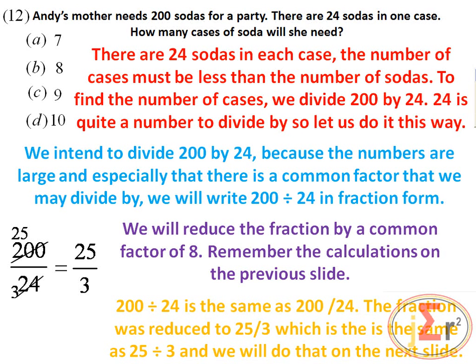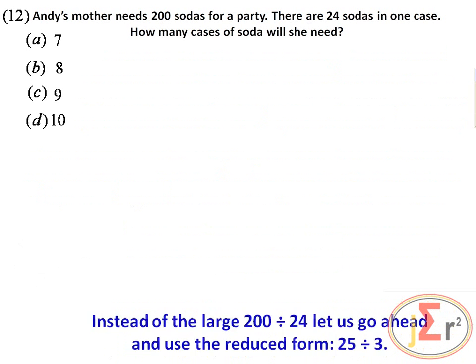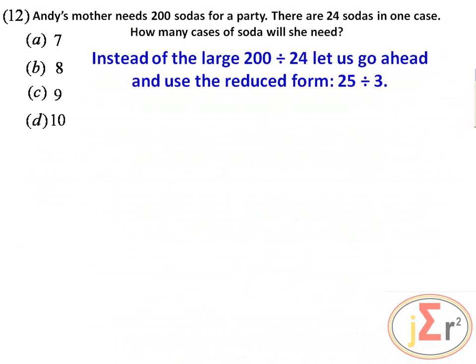So we reduce that by a common factor of 8. We got 25 over 3, which is the same as 25 divided by 3. So we will divide 25 by 3 on this slide. Instead of the large 200 divided by 24, let us go ahead and use the reduced form. 25 divided by 3. So let's do that.